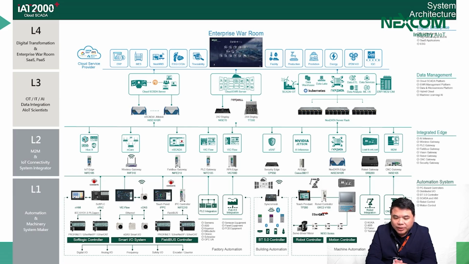L2 is the different field gateways. L3 is where you can sync with SCADA, network, or server-grade systems, and L4 is a SaaS service. So today we will focus on L1, the nDAS.